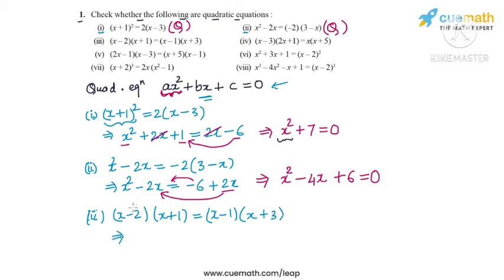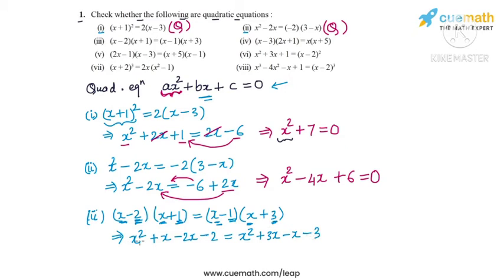On the left side we will get x into x, or x square, then x into 1, that's x, then minus 2 times x, that's minus 2x, and then minus 2 times 1, that's minus 2. And on the right side I will get x times x, that's x square, then x times 3, so that's 3x, then minus 1 times x is minus x, and then minus 1 times 3 is minus 3.